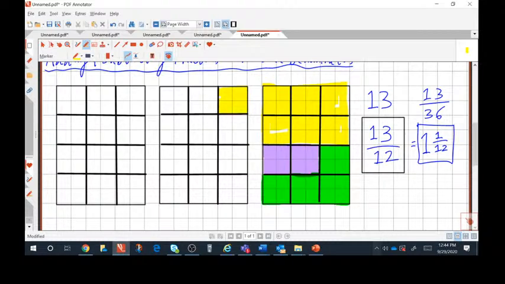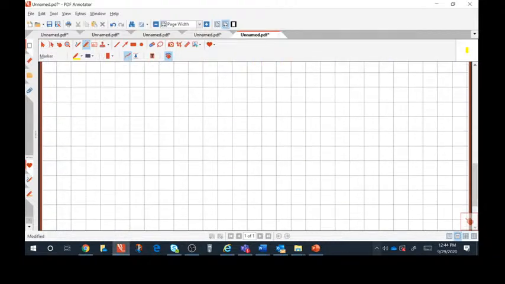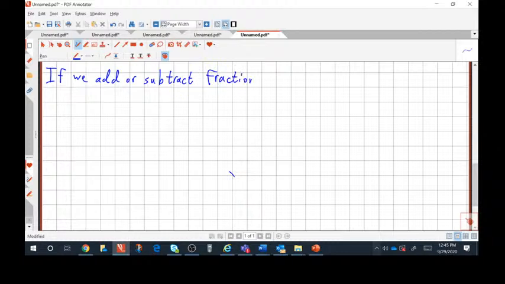How many people here after seeing that once feel like that's not too bad, right? That's not too bad. So let's talk about it. Got a pencil? If we add or subtract fractions with the same denominator, do the operation, guys, I want you to write this down, please.